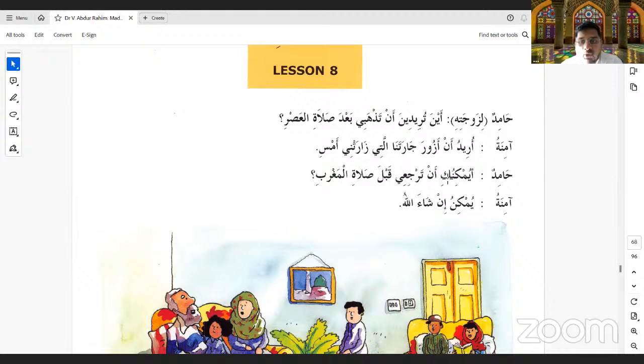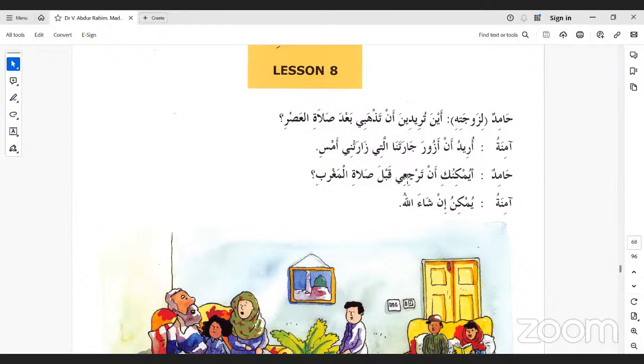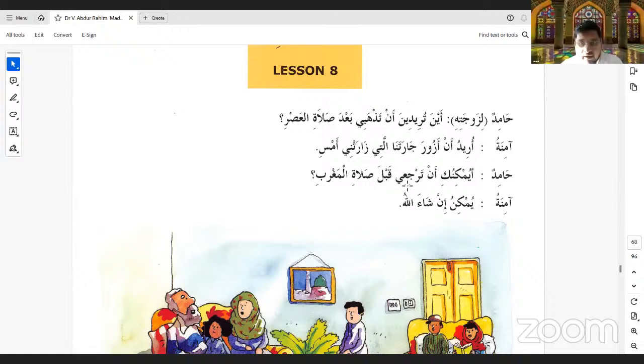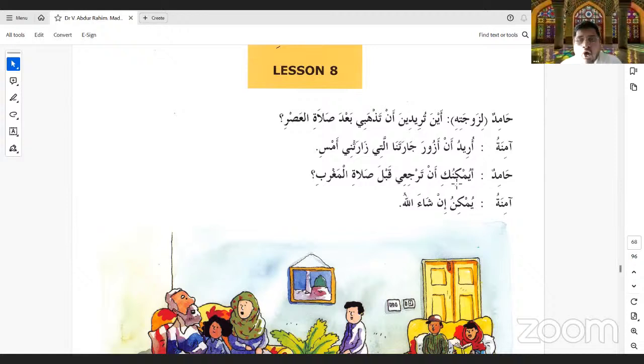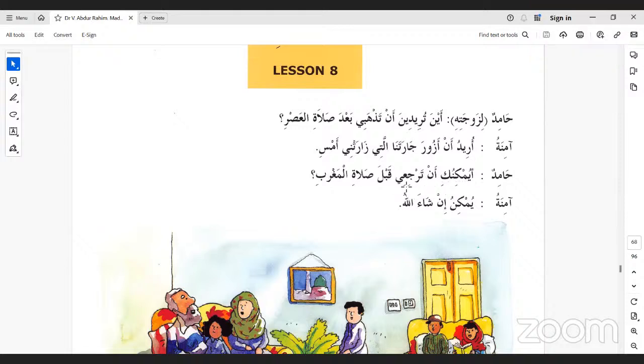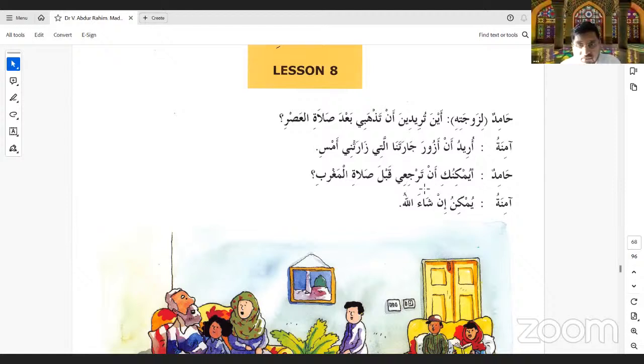Ayumkinuki antarji'i qabla salat al-maghrib, is it possible for you to return before Salat Maghrib? If you are speaking to a boy, what do you need to do with ayumkinuki and antarji'i? Ayumkinuka antarji'a, correct.